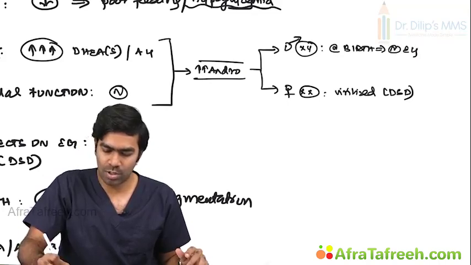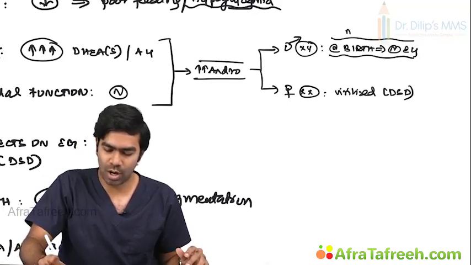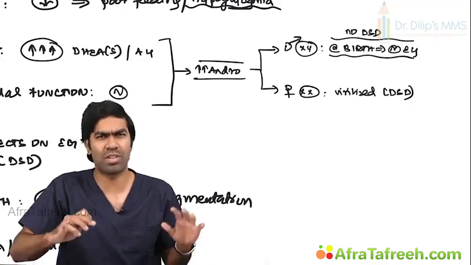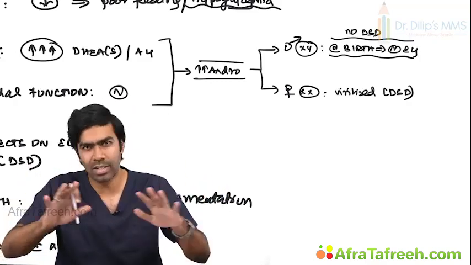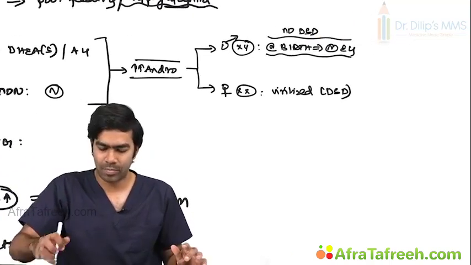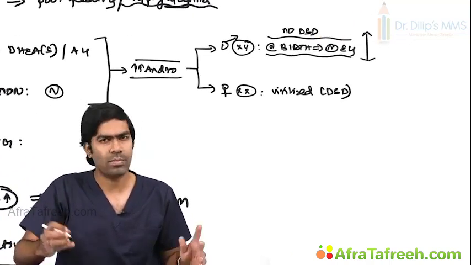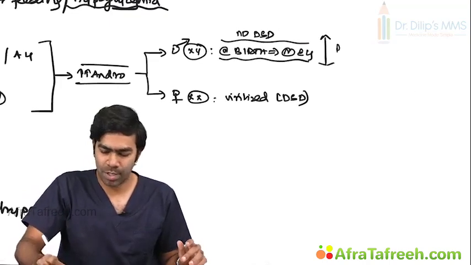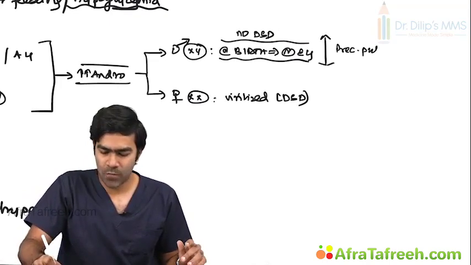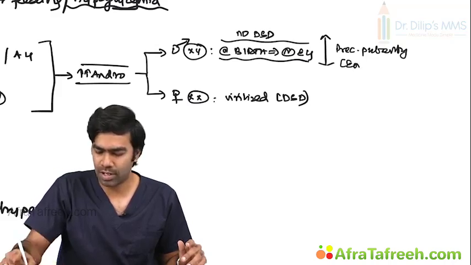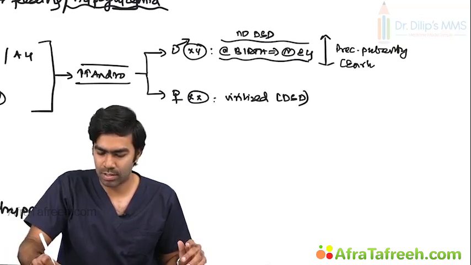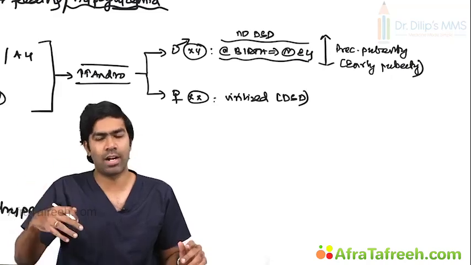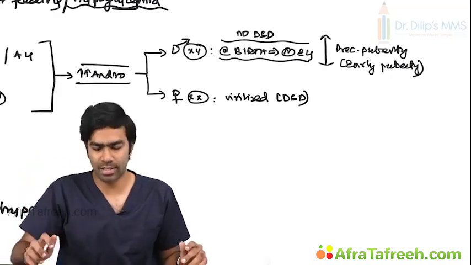There is no doubt about that, which means these children will not have any DSD, because in a male, excessive androgens doesn't make any sense. But in the long run, over time, they can go for precocious puberty. Or in other words, from an endocrinologist's perspective, I can write it's an early puberty. Clear? That is because of consistent exposure to high androgens which are coming from the adrenal glands in this scenario.